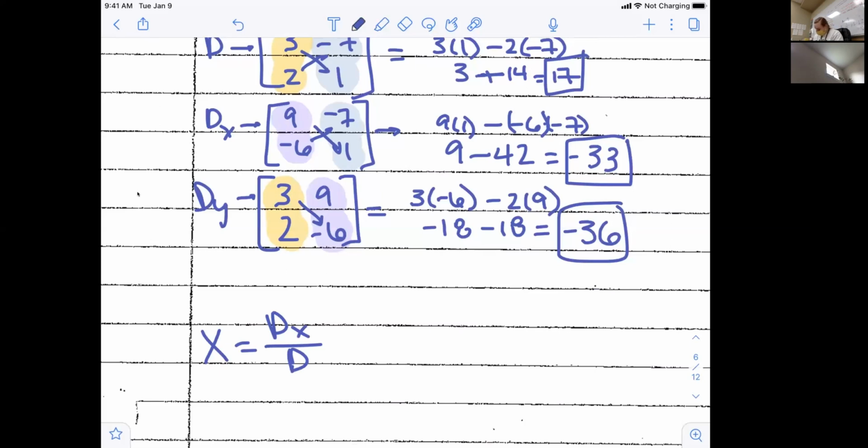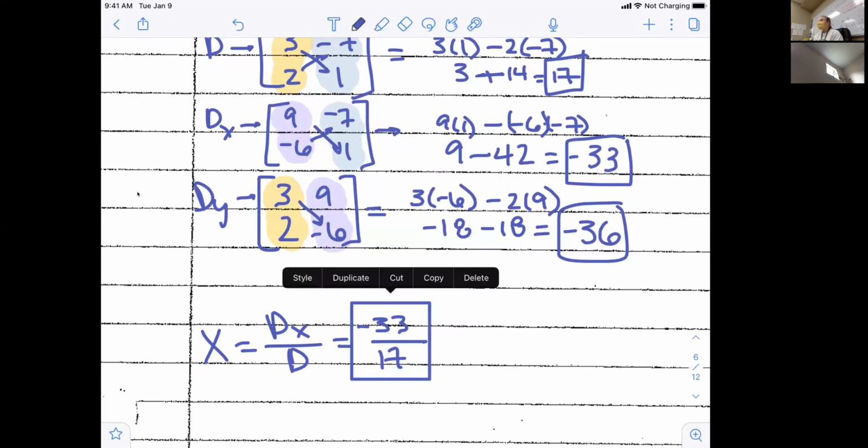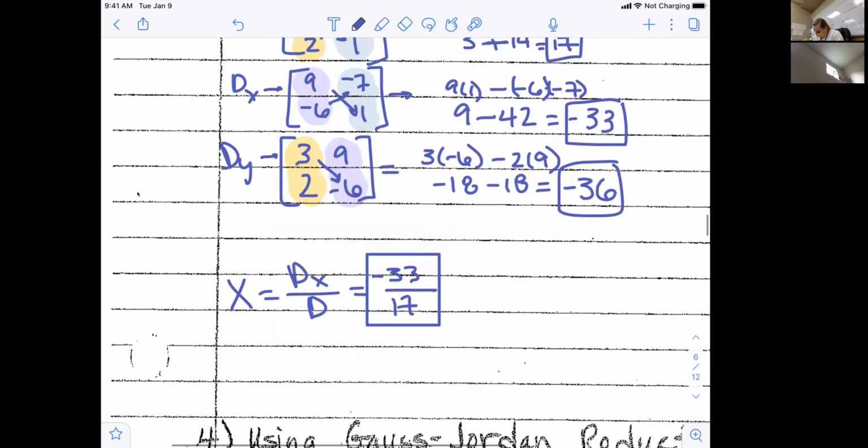Dx was -33, d was 17, so x equals -33 over 17. I had to find all 3 of those things, so I could find x is -33 over 17. Y is dy over d, so that's -36 over 17.